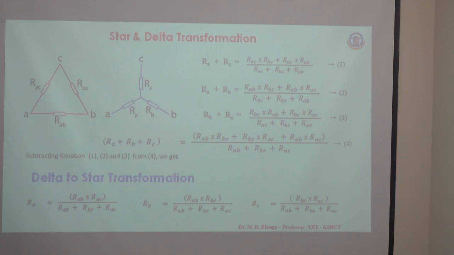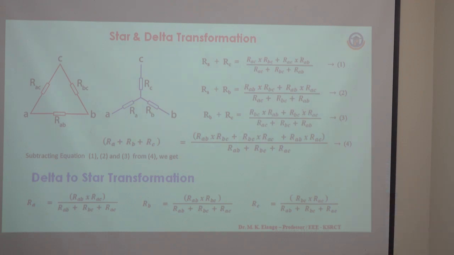When we subtract equation 1, RA and RC cancel and only the RB term remains. Similarly, when we subtract equation 2 from the fourth equation, the RC term comes into the picture, and when we subtract equation 3 from the fourth equation, since RA, RB, RC are there, RA remains.